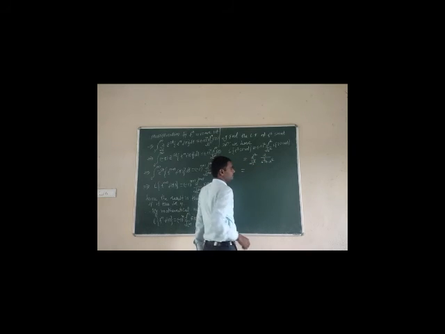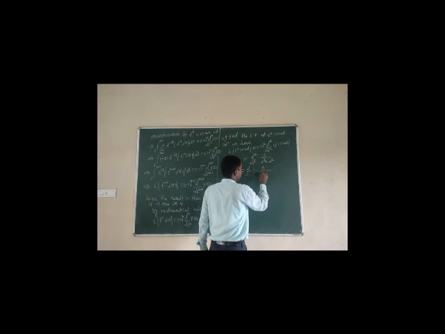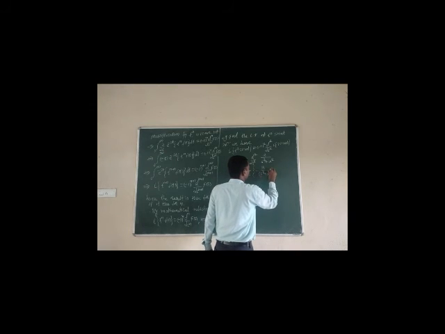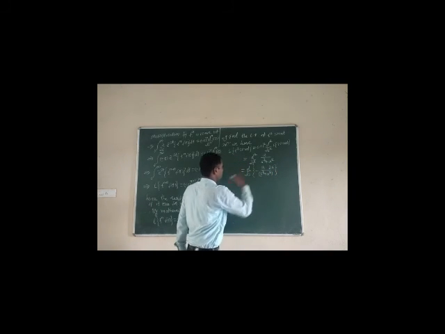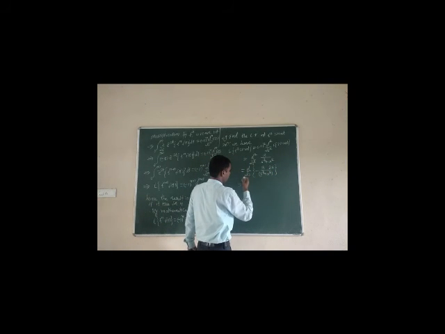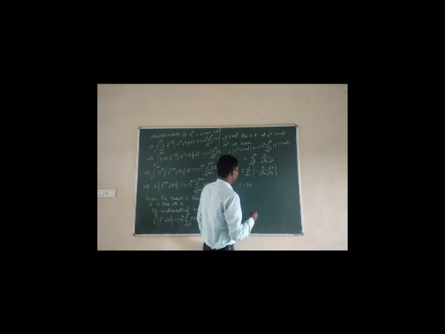Now differentiate this term the first time, that is, minus a upon s square plus a square whole square into the derivative of this term, that is twice s. So this is minus 2a, taking it outside the differentiation, this is minus twice a. Again differentiate this term, that is s upon s square plus a square whole square. What we get?